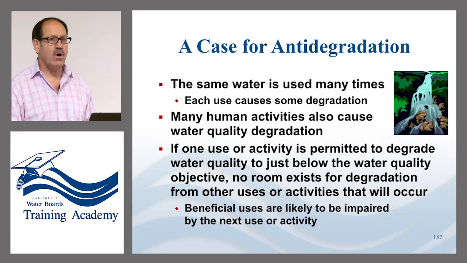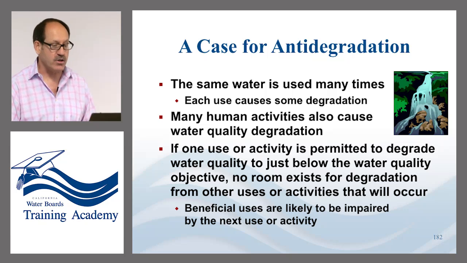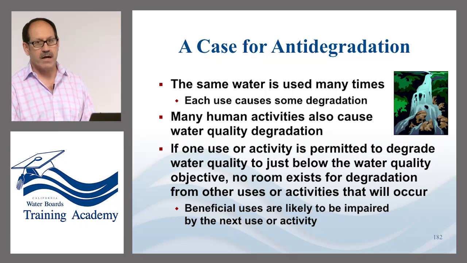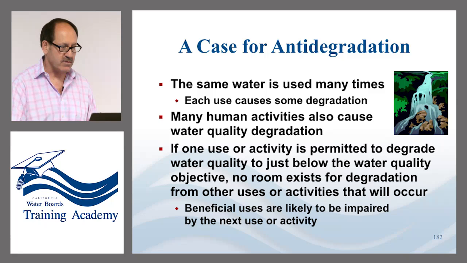Every time the water is used beneficially, it's also degraded. It's almost impossible to use water beneficially without degrading its quality. And there are also many other human activities besides water use that can degrade water. Spills, chemical accidents, those kinds of things.